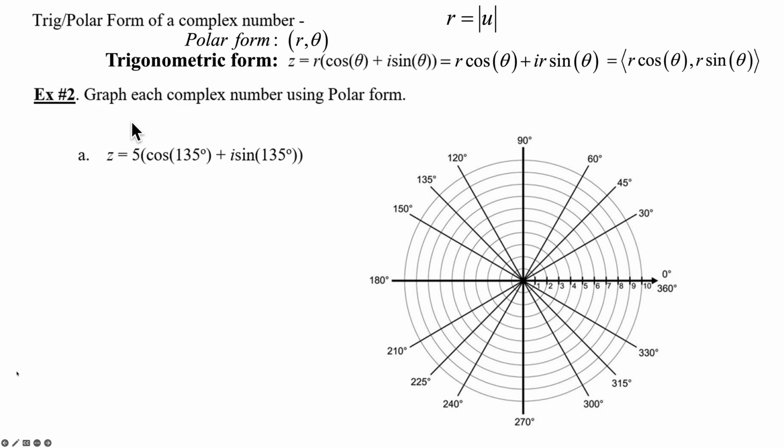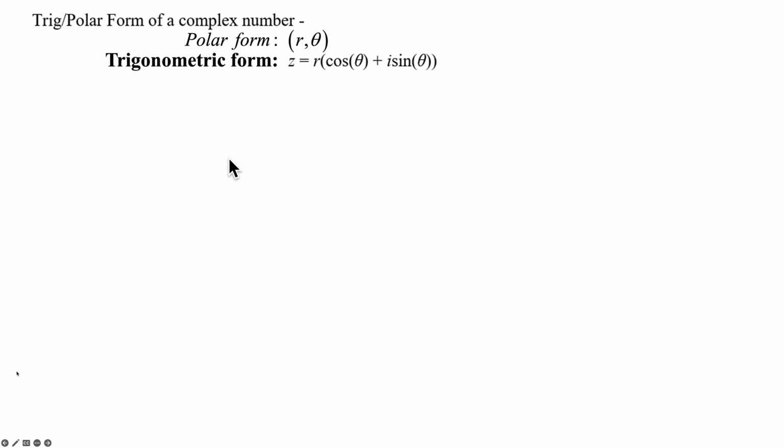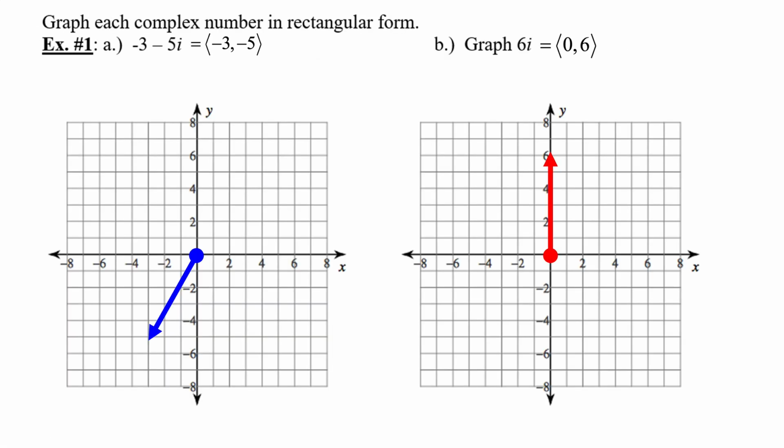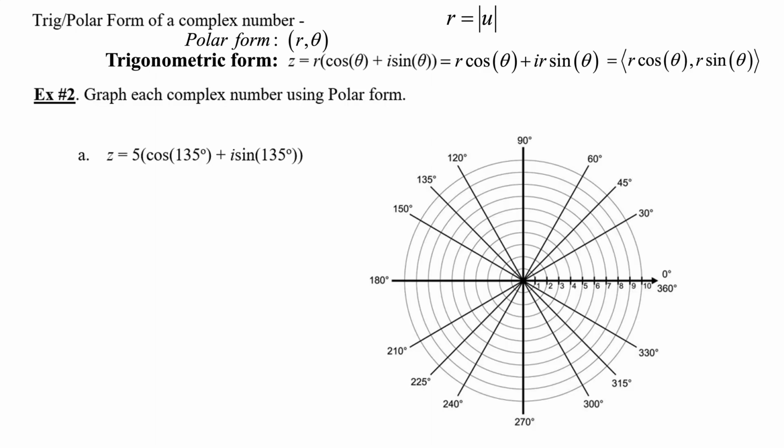Now, what bothers me is they're going to say graph this complex number that's in trig form. Okay, wait a minute. This is in rectangular form. So when they say they want to graph this in polar form, they mean find the r value, which has to be positive, find the theta, okay, 135 degrees, and plot this, but it's a point in polar form.